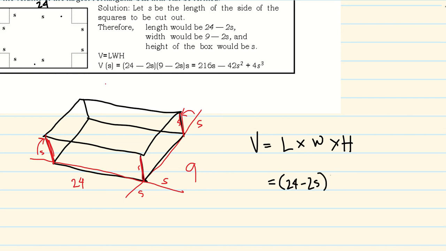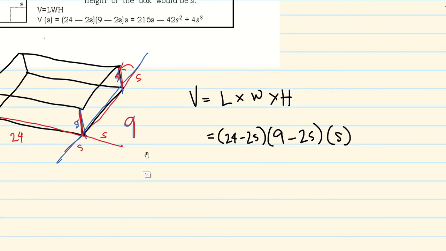And then the width will be 9, but we have cut two sides also, so 9 minus 2s, and then times the height. What is the height? Of course, it is the side, s. So we have here the volume.